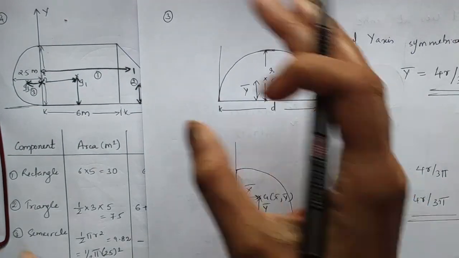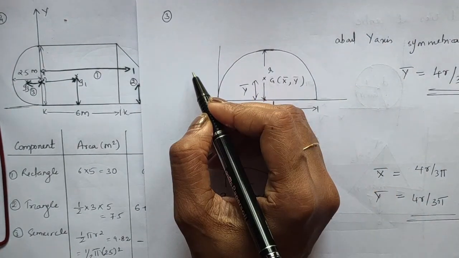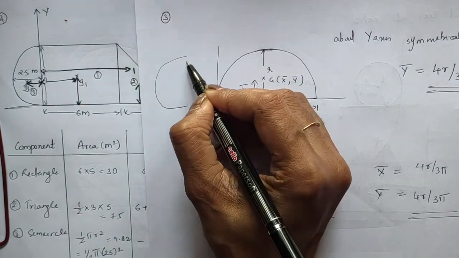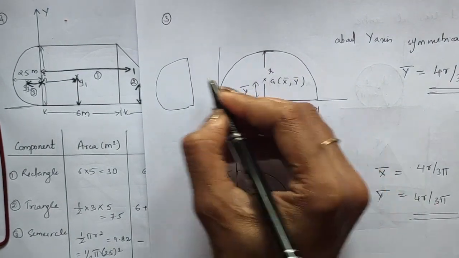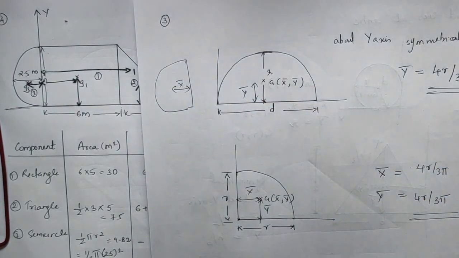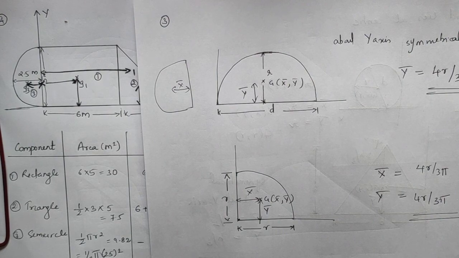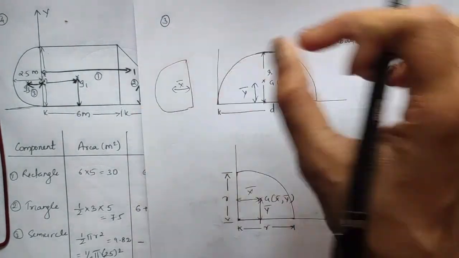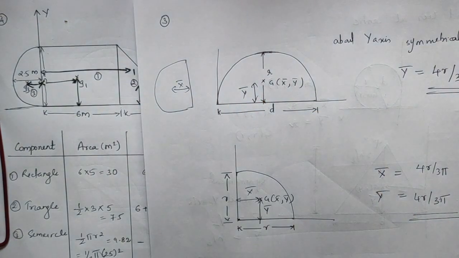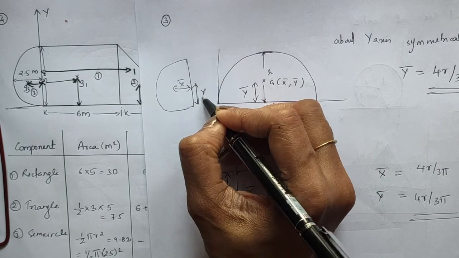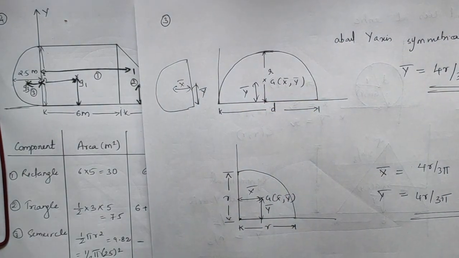And when you rotate this particular figure and keep it like this, this y distance becomes the x distance. Is it proper? When you have it like this, this is your y distance, and when you rotate it like this, the y distance becomes the x distance, and the x distance becomes the y distance. So it's just becoming opposite.